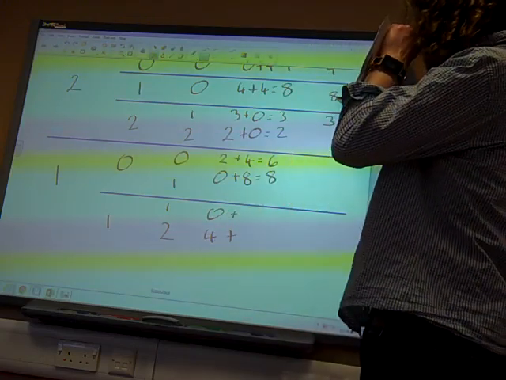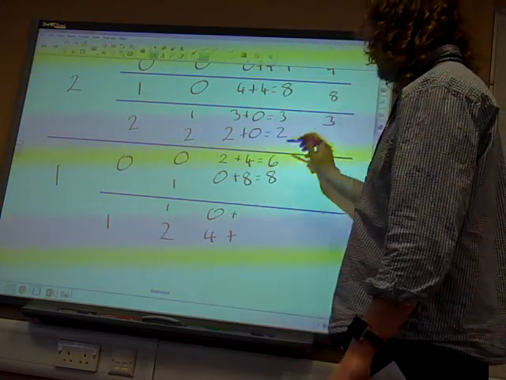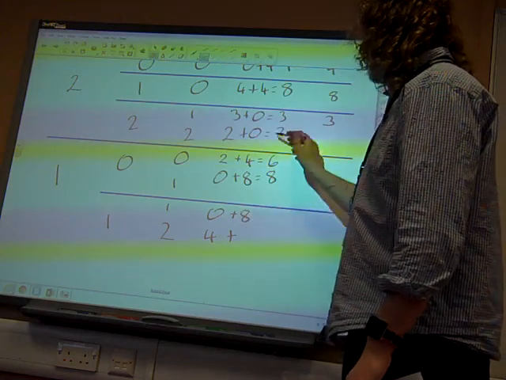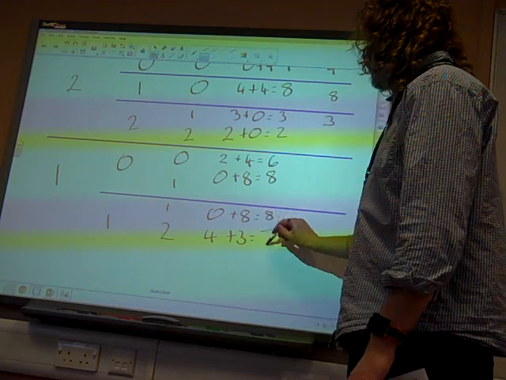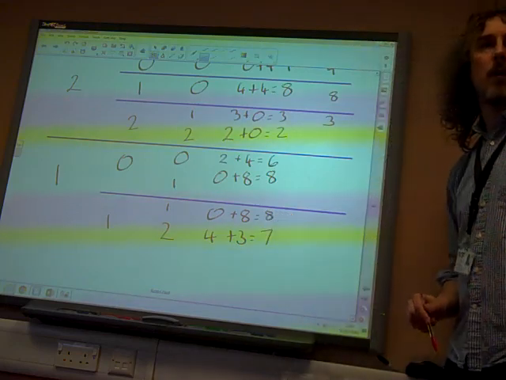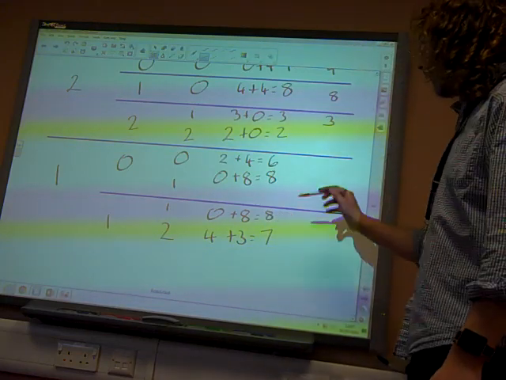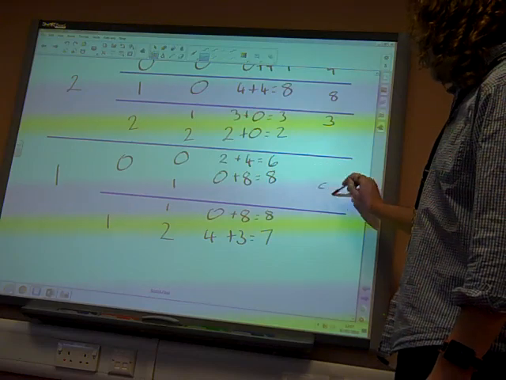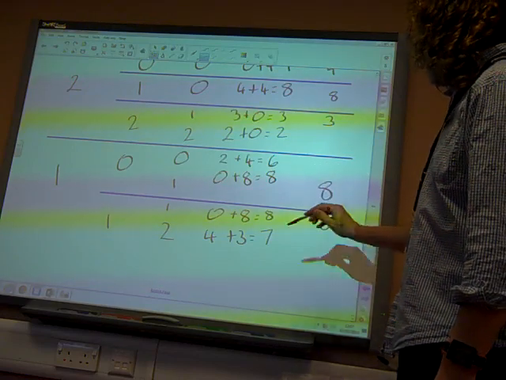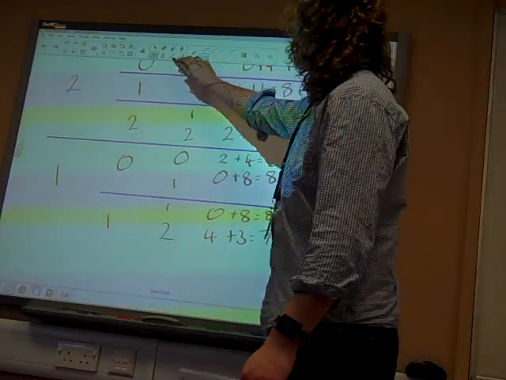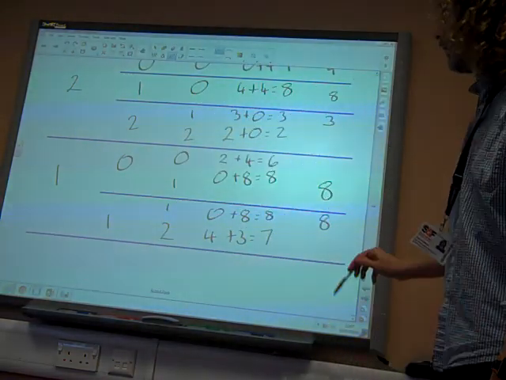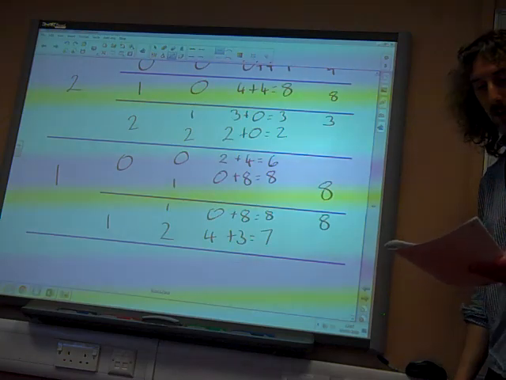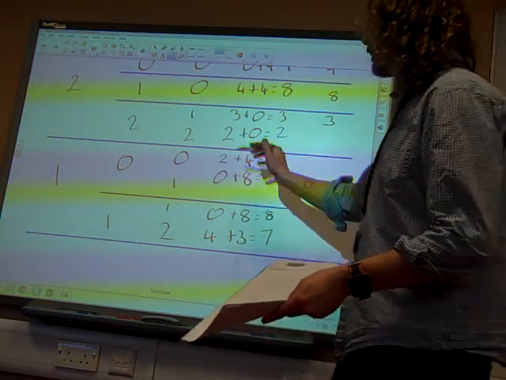And the 1 suboptimal maximum from the previous stage was 8. The 2 one was 3, which gives us 8 and 7. At which point I'm going to identify the suboptimal maximums again. We have a value of 8 there and a value of 8 there. And I'm going to rule off underneath that, ready for stage 0.